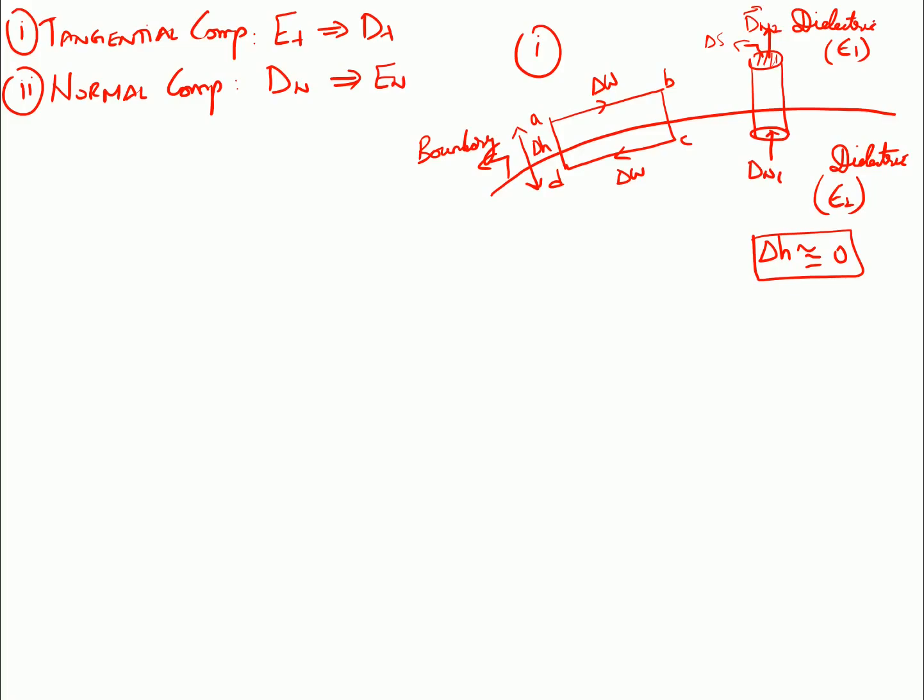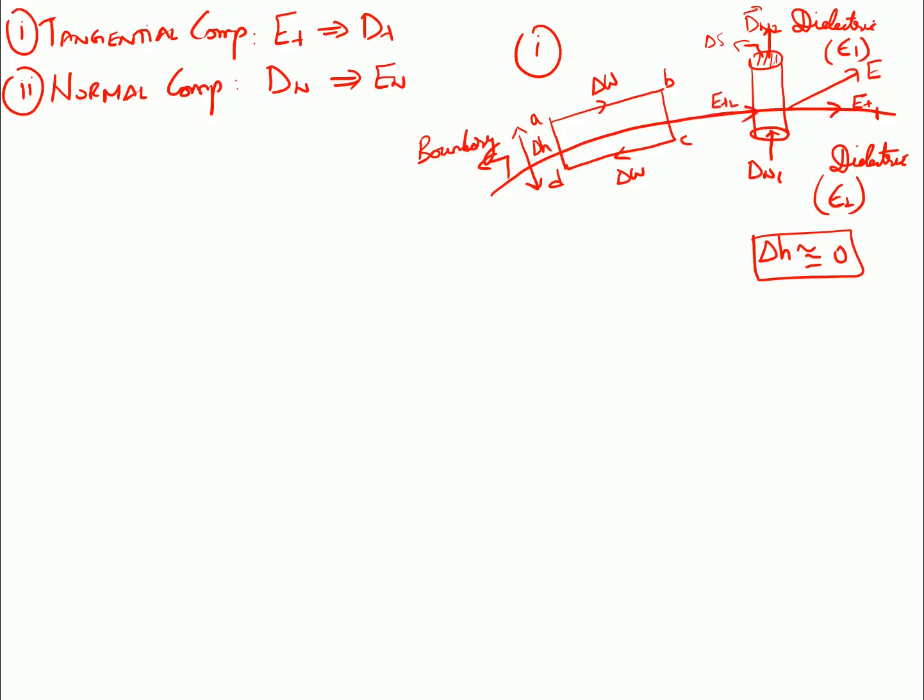Tangential components for the first will be, if I draw the tangential components, let's say for both the cases, we have E field over here, its tangential component over here for 1, and the tangential component for 2, so ET2.